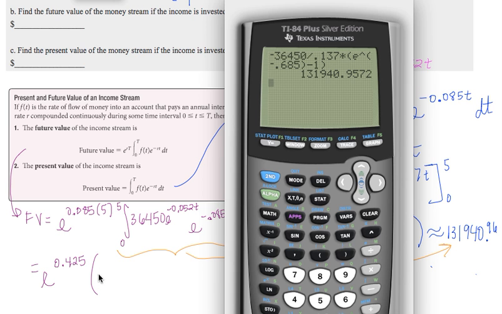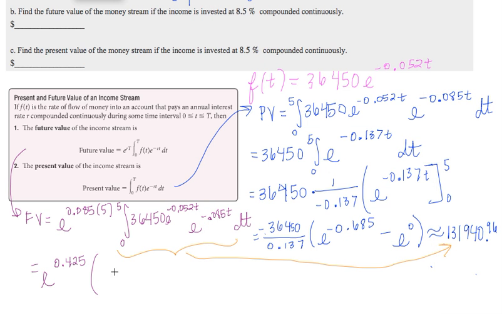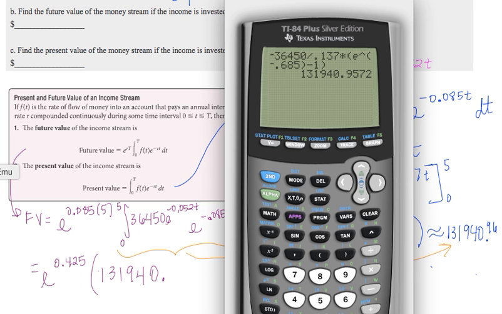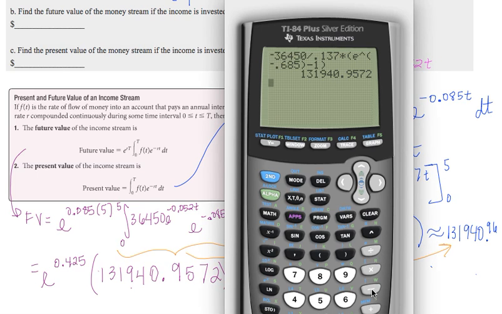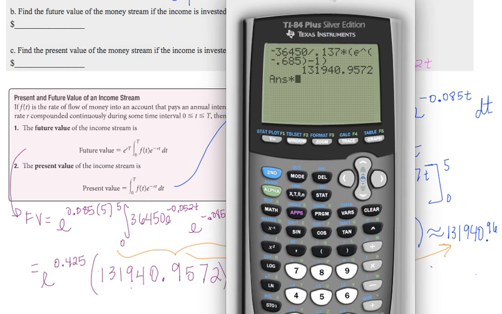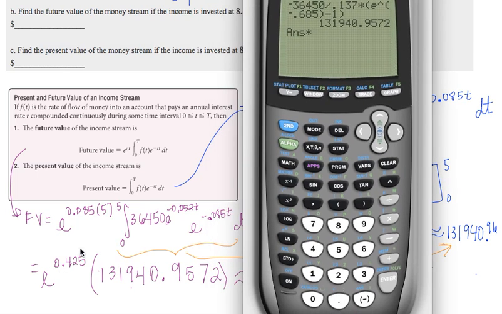So 131,940.9572. Now that's still being rounded there, so in order to avoid a rounding error, I'm just going to go to the calculator and put that particular answer times this out here, e to the 0.425. That gives 201,815 and 62 cents.